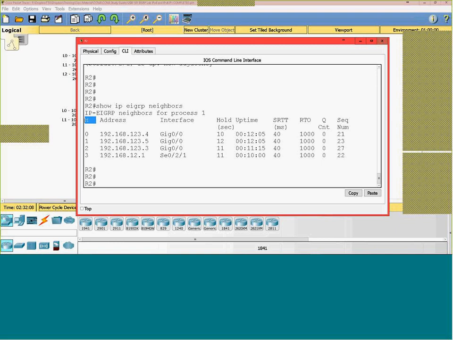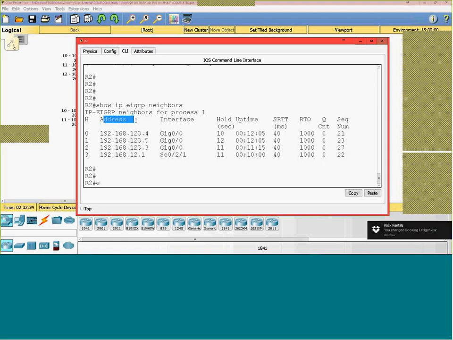So the first column represents the host index column. That means that this neighbor came up first, that neighbor came up second, this neighbor came up third, this neighbor came up fourth, and so on. The next thing you see is the address column. The address column obviously represents an IP address. It is the IP address of my neighbor.